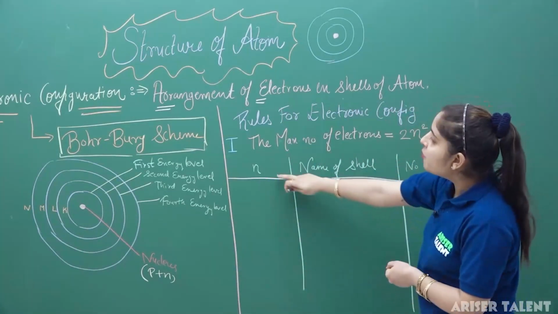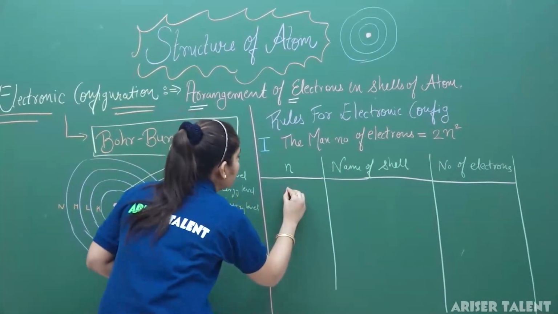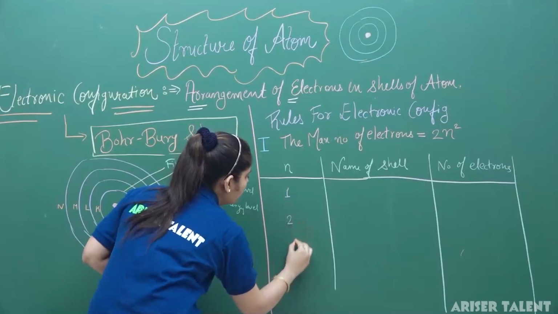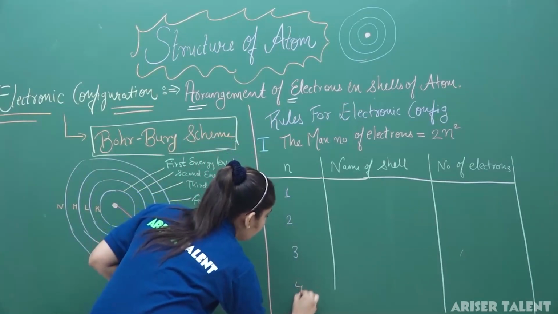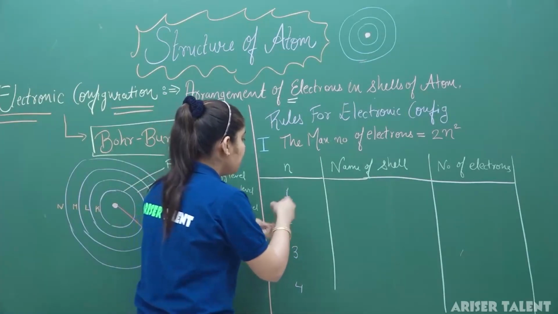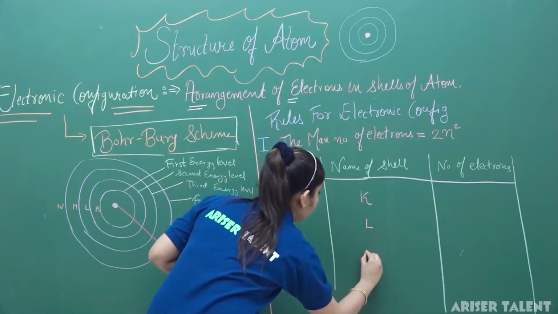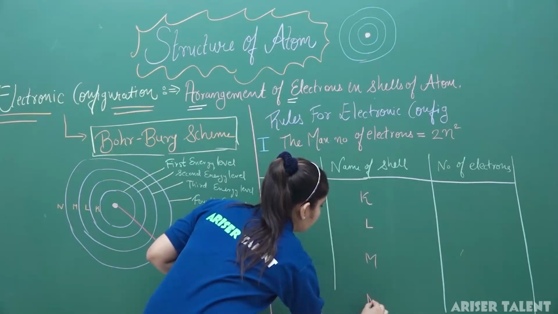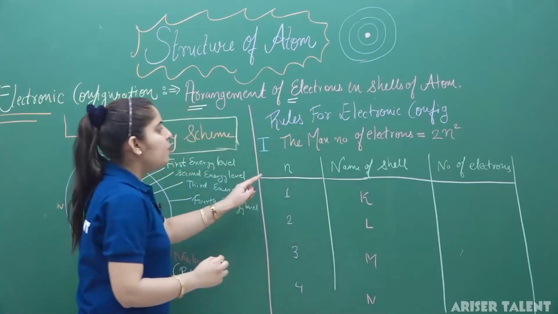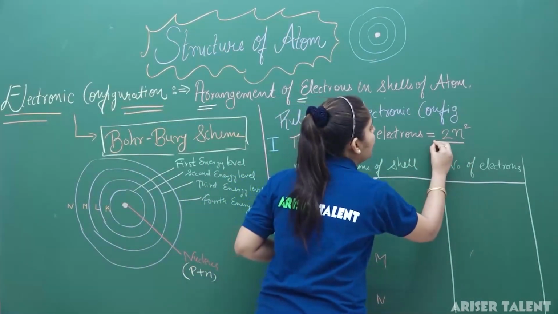We have values of n as 1, 2, 3 and 4, and the names of the shells are K, L, M and N. Now, the maximum number of electrons cannot exceed 2n square.